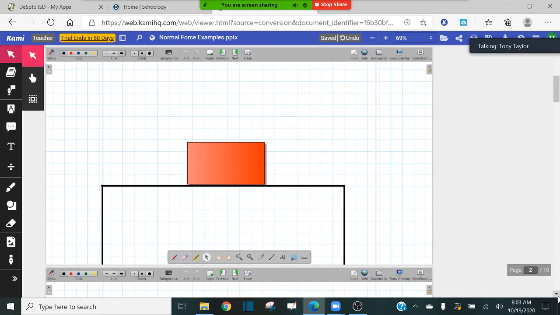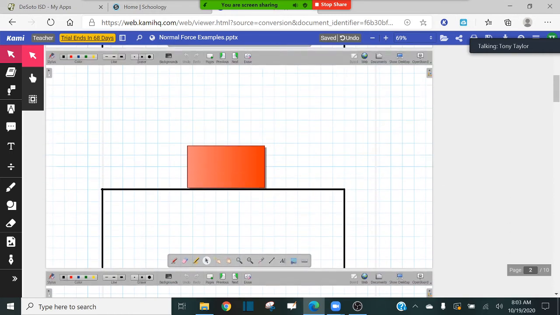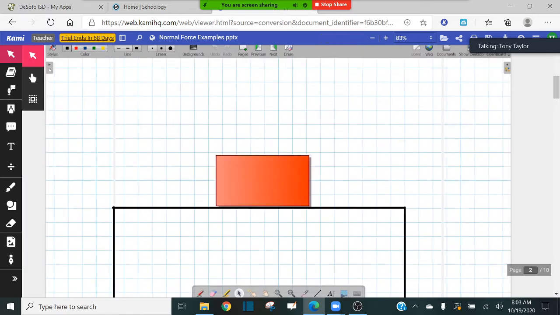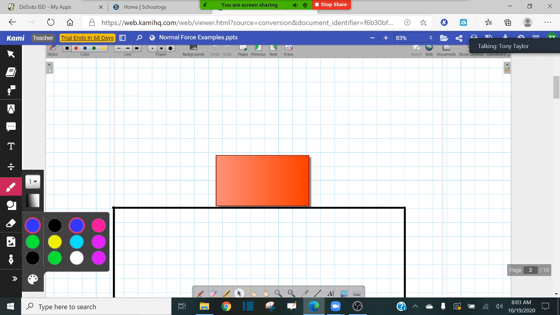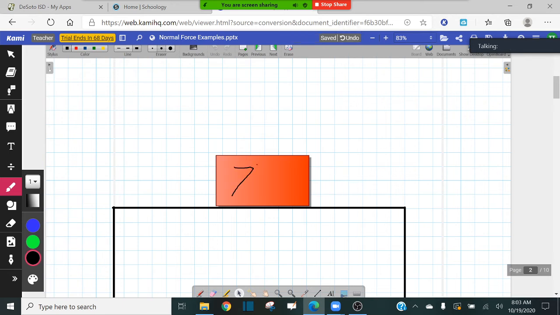So let us look at this situation right here. Let us assume this block here is 7 kilograms. Let me just draw it on the block: this block has a mass of 7 kilograms.